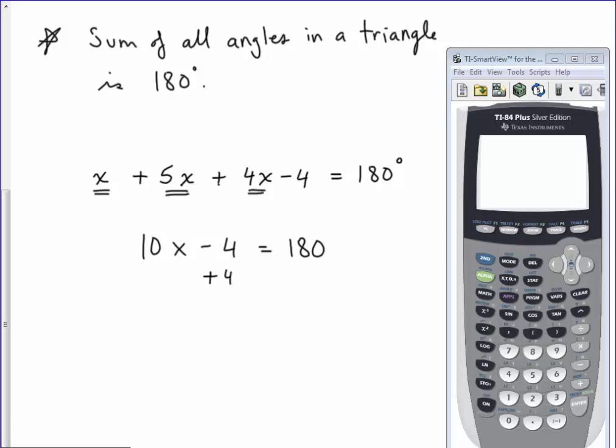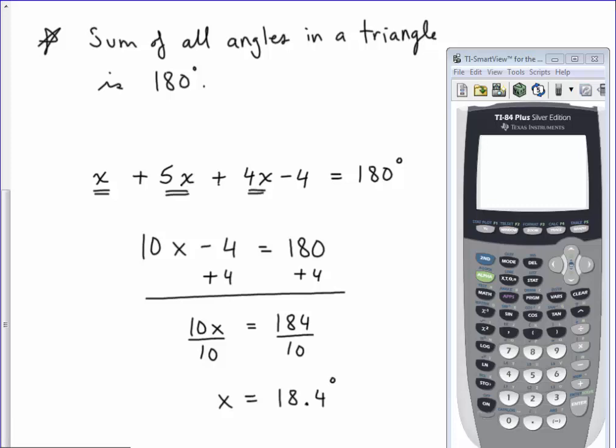Adding over the 4, we have 10x equals 184. Divide by 10, and we get x equals 18.4. And then putting the units back on, this would be in degrees.